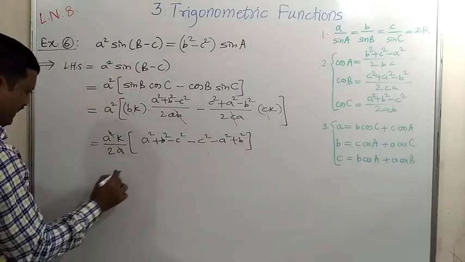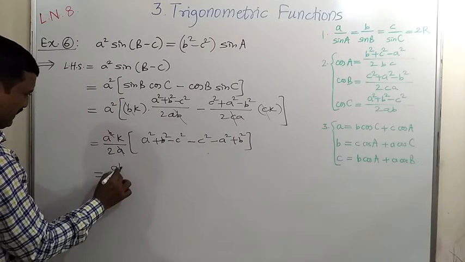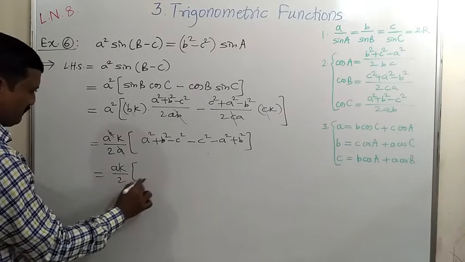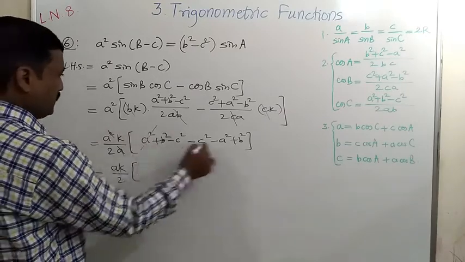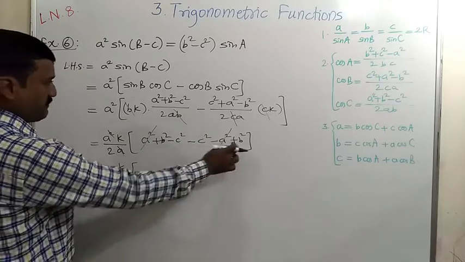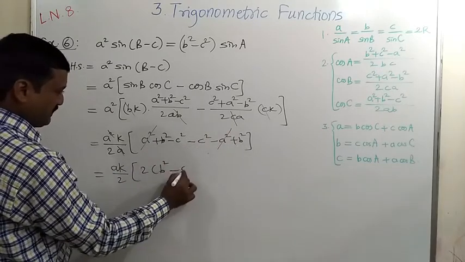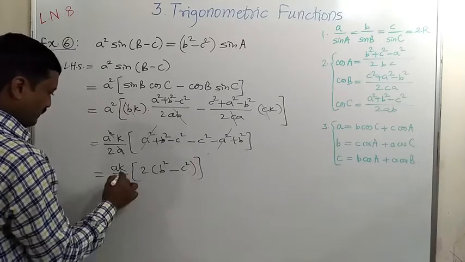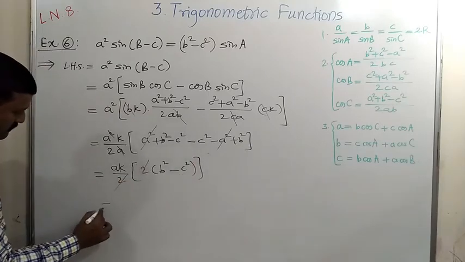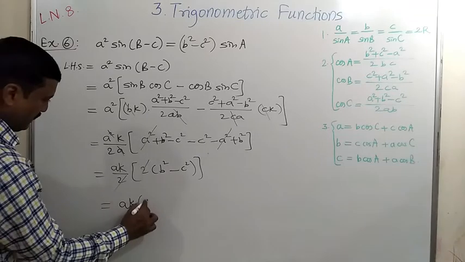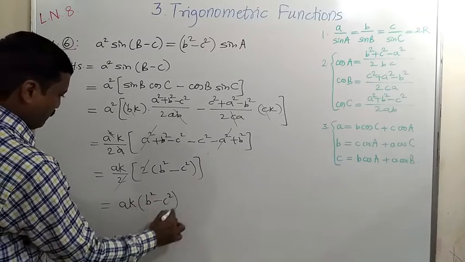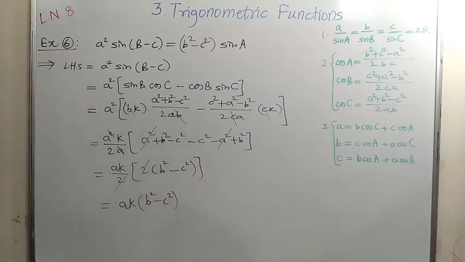Here AK gets cancelled, remains AK upon 2 in bracket. Again cancelling here A square, remains B square plus B square is twice of B square minus C square. Cancelling 2 again, we get AK in bracket B square minus C square.